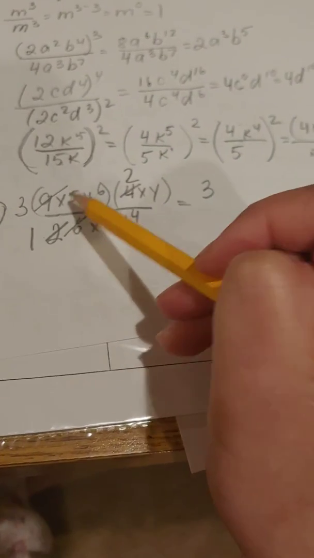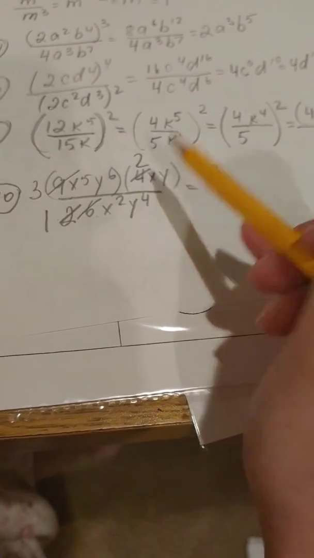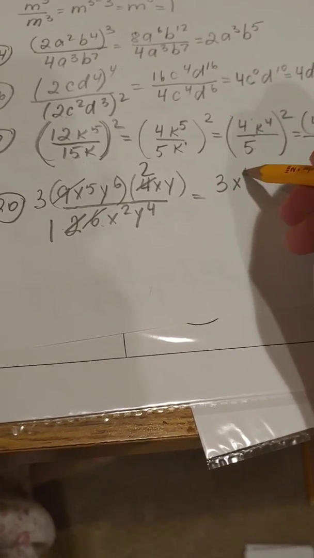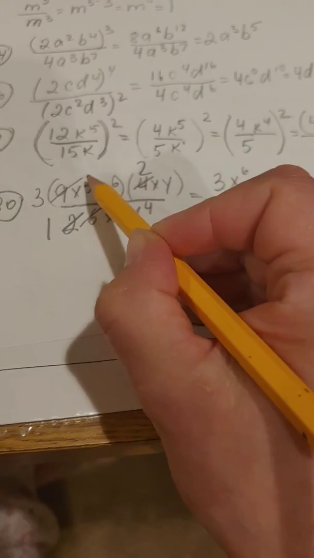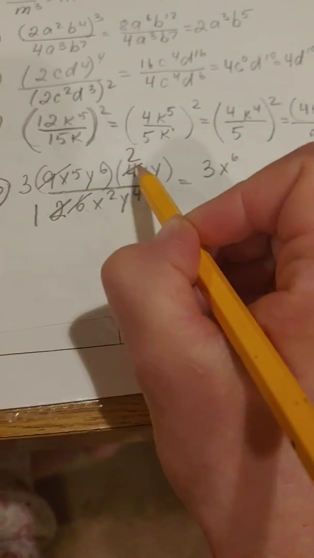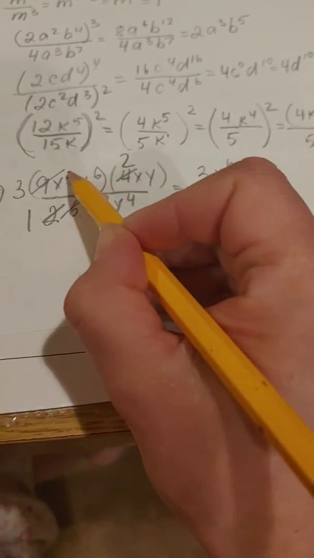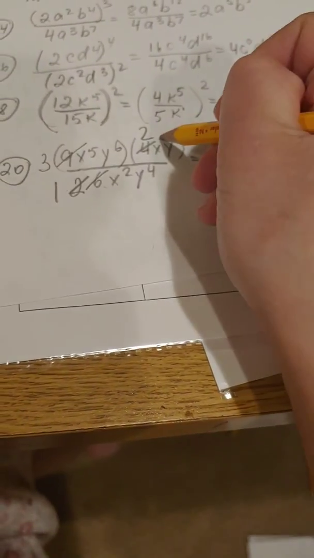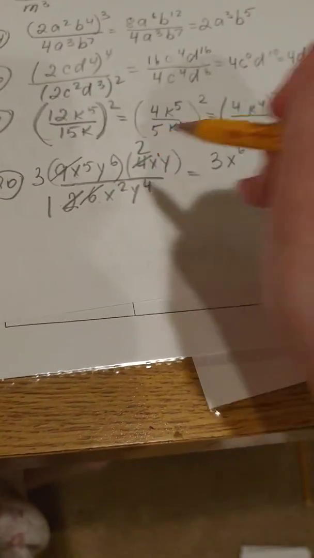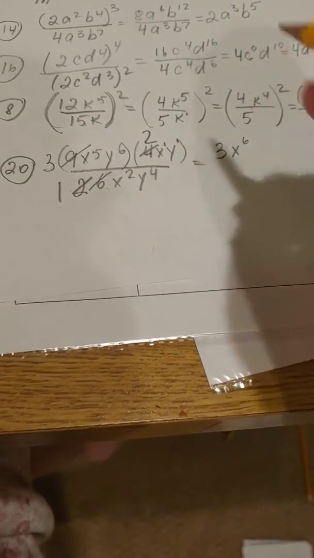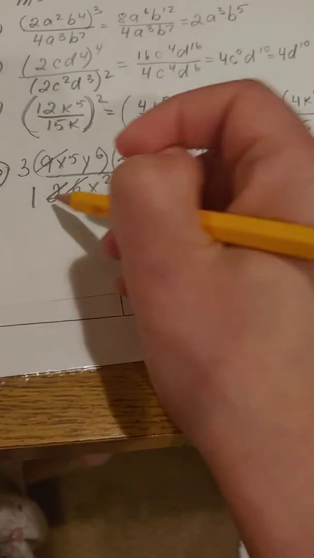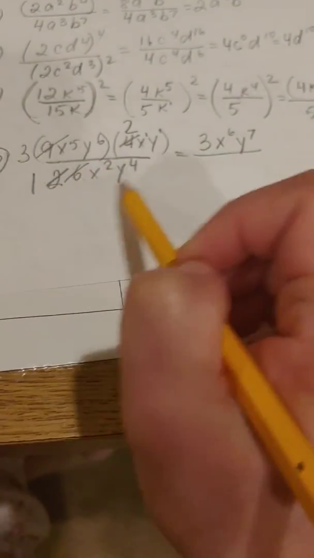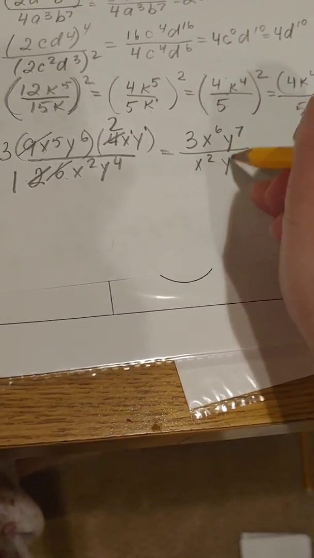And then x to the 5th power times x to the 1st power is going to give me x to the 6th power, because when we multiply the exponents, we add the powers. 5 plus 1, we don't see 1, but it's there. 5 plus 1 is 6. And then y to the 6th power times y is going to give me y to the 7th power. Over 1, we don't need 1 in front of any variables, so we're just going to copy all that.